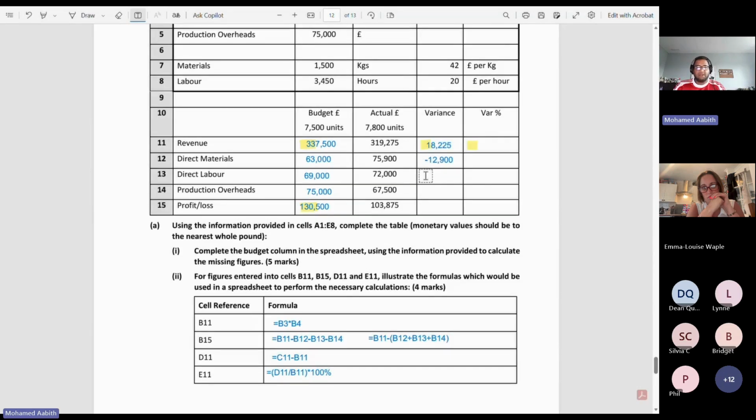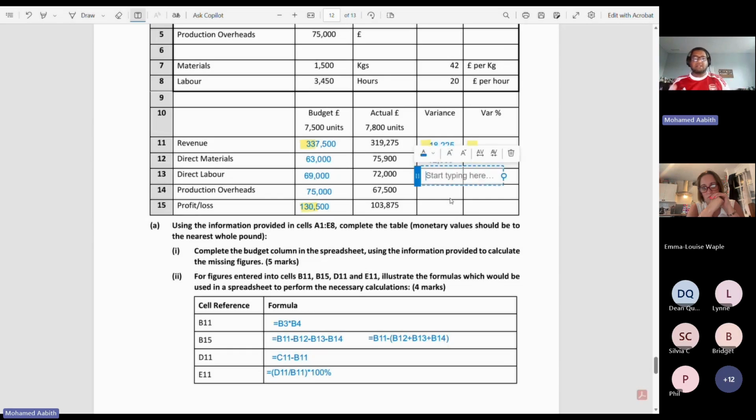This is also a negative variance, because remember guys, the actual revenue is lesser than my budgeted revenue, so this is a negative, but the actual expense is higher than the budgeted expense, so that is also a negative variance.